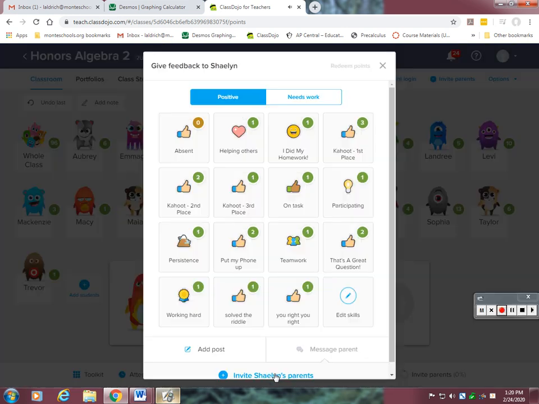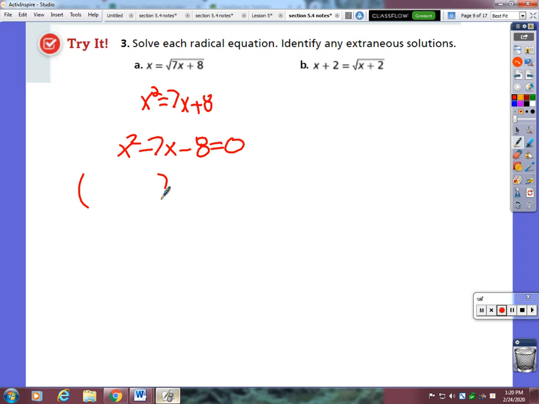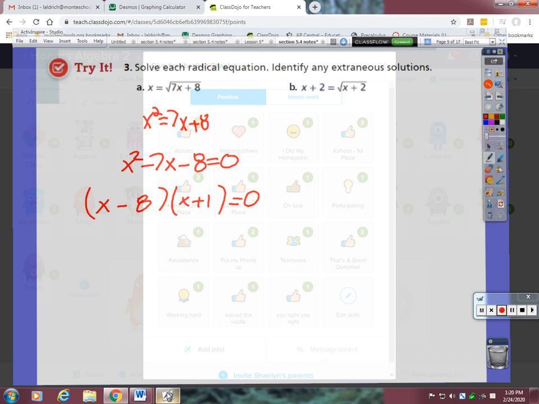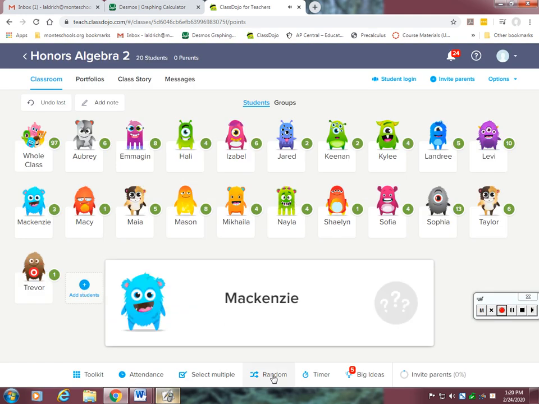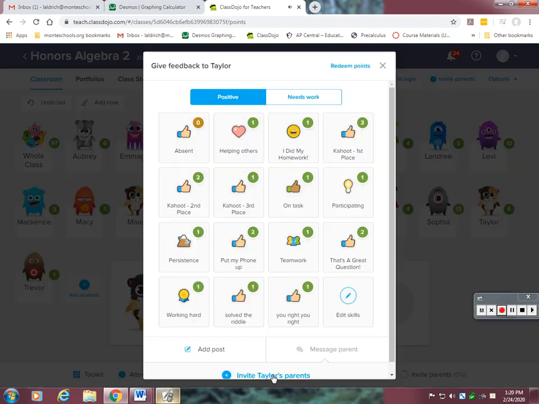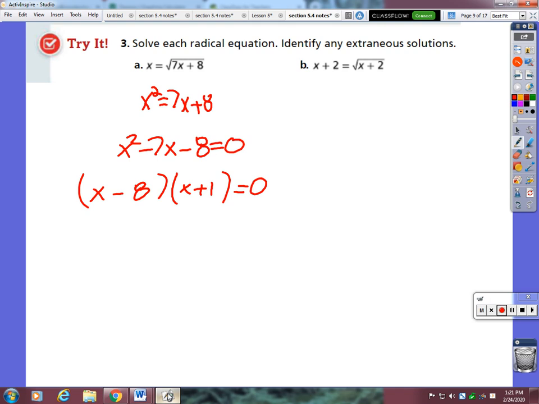Shaylin, what does that factor into? Okay, good, because negative 8 times 1 is negative 8. Negative 8 plus 1 is negative 7. Taylor, what does that mean the two possible answers are? Our two candidates for solutions?